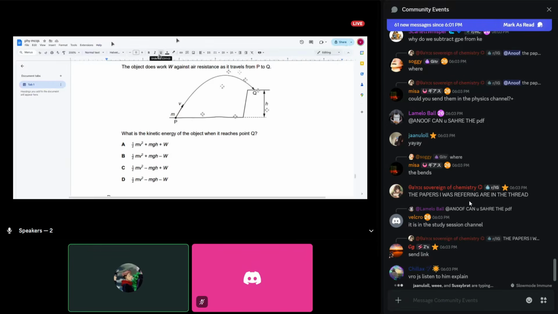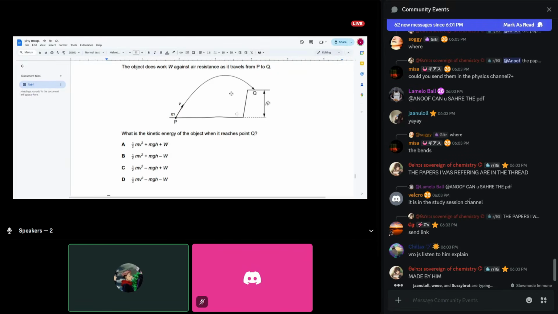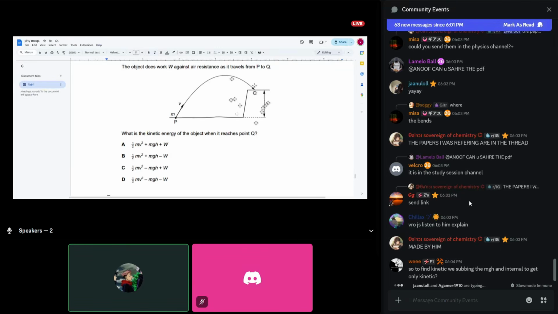Now the reason I subtracted is because we're completely removing this height, because the only actual height here is 0.